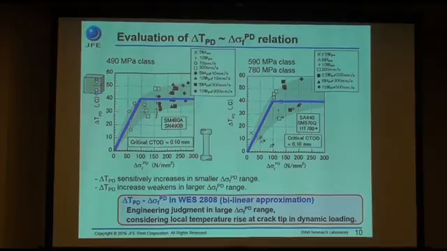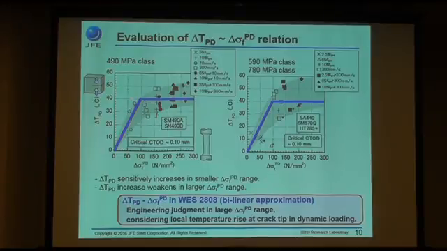The left-hand side is the 490 class, and the right-hand side is a stronger test plate. Looking at the experimental trend, the transition temperature rise increases very sensitively in the smaller flow stress change range.